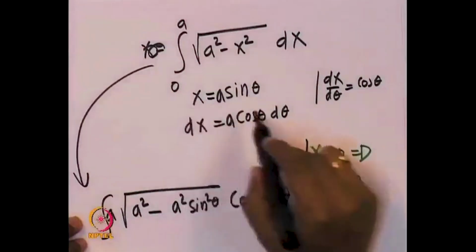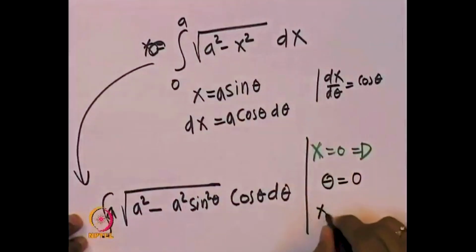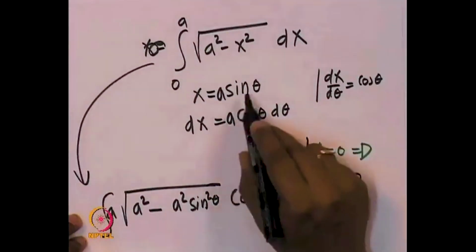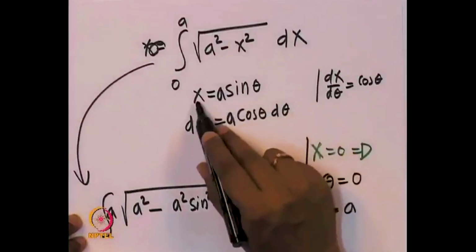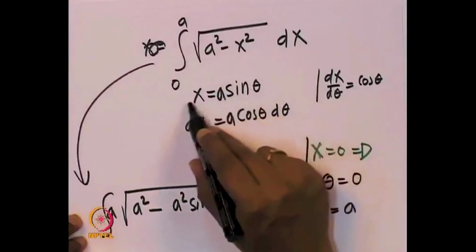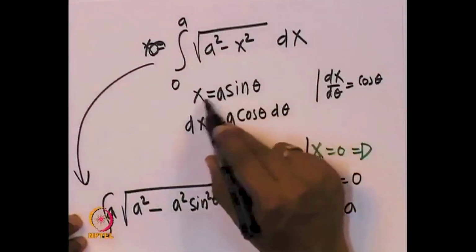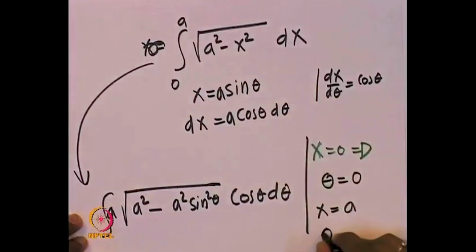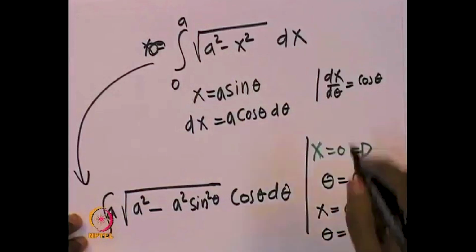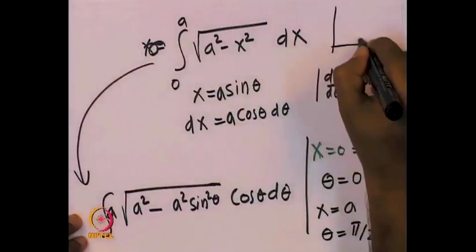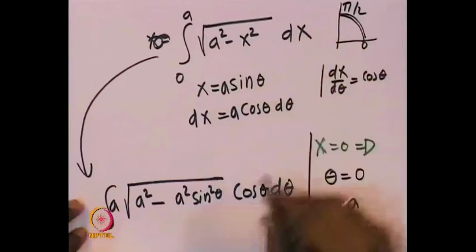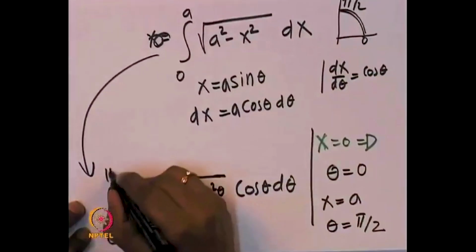So, this is correct. When x is equal to a, sin theta has to be 1. Sin theta is 1 when theta is equal to pi by 2. Otherwise, also we know that we have to integrate half of the circle, which is 0 to pi by 2. So, this limit has to be 0 to pi by 2 here.